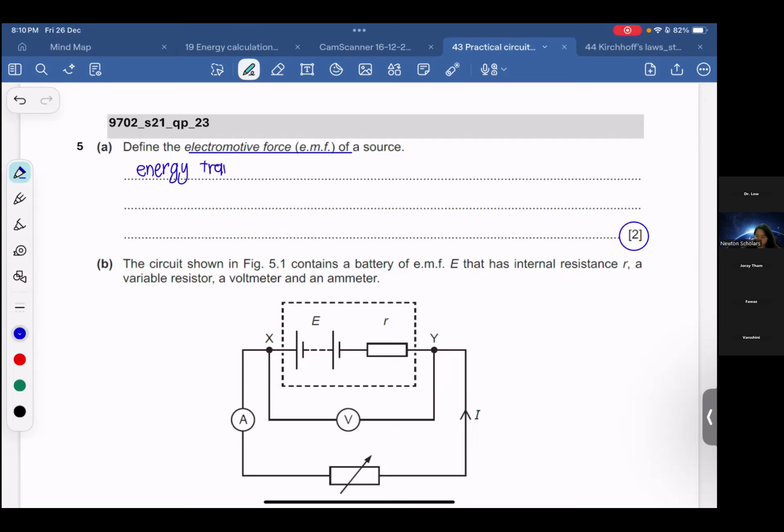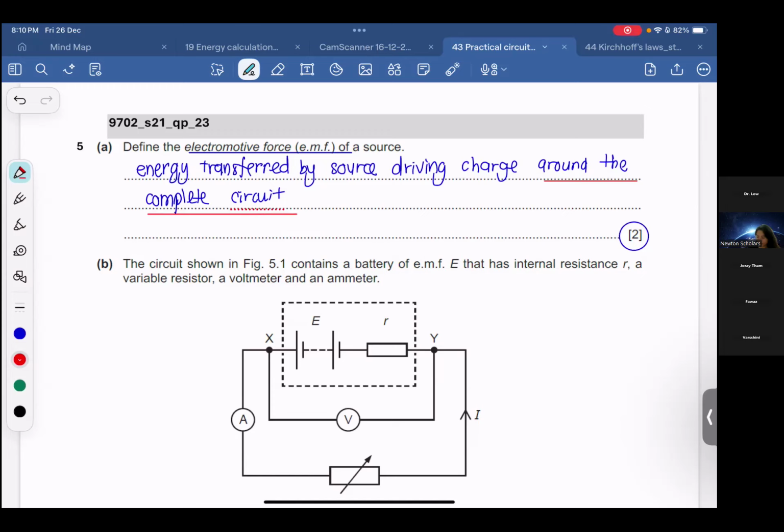Energy transfer by source driving charge around the complete circuit. Okay, second part, around the complete circuit.